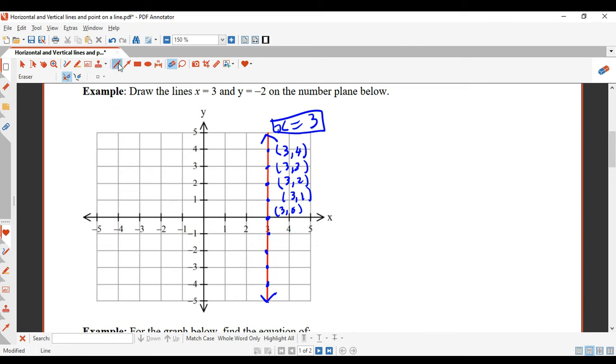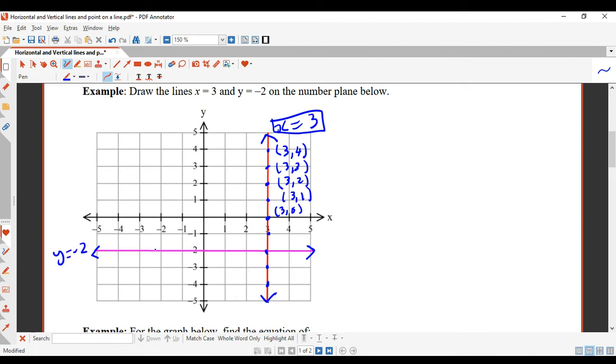Okay, so let's do that. Horizontal line passing through negative 2 on the y-axis. Okay, so put arrows on the end. There we go. And the equation of this line is y equals negative 2.